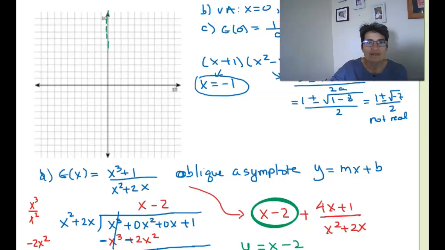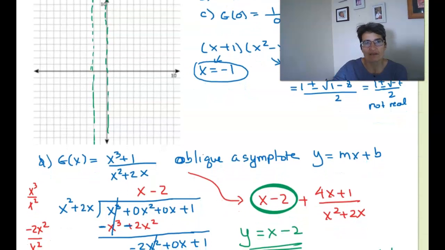So a 0 vertical line and a -2 vertical line. Alright? And the oblique asymptote is y equals x minus 2. So that line has an intercept at -2 and a slope of +1. Alright, so it looks like this.